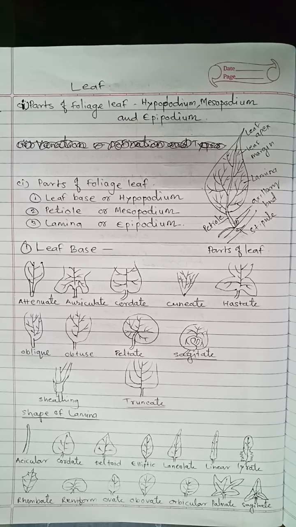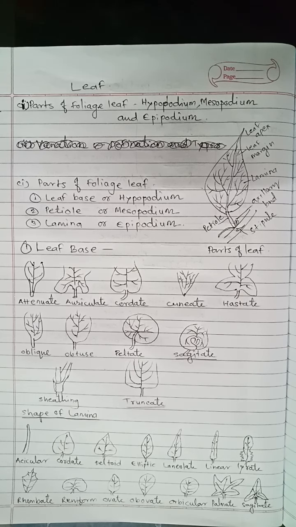The shapes may be acicular, meaning needle-like; cordate, heart shape; elliptical, margin curved, widest at midpoint; lanceolate, margins curved, widest near the base; linear, margin straight, parallel; lyrate, like lyre in form, example, mustard.